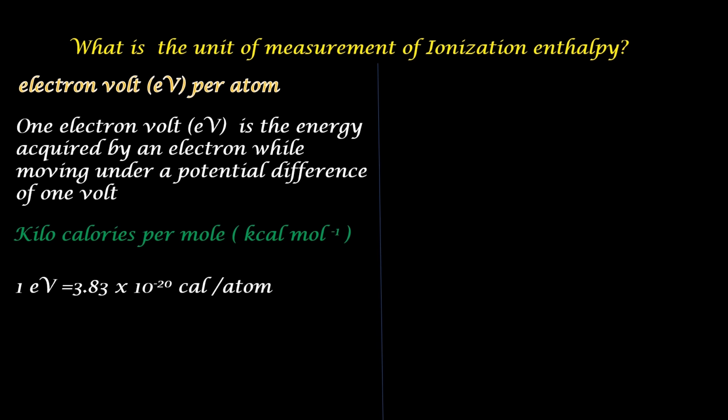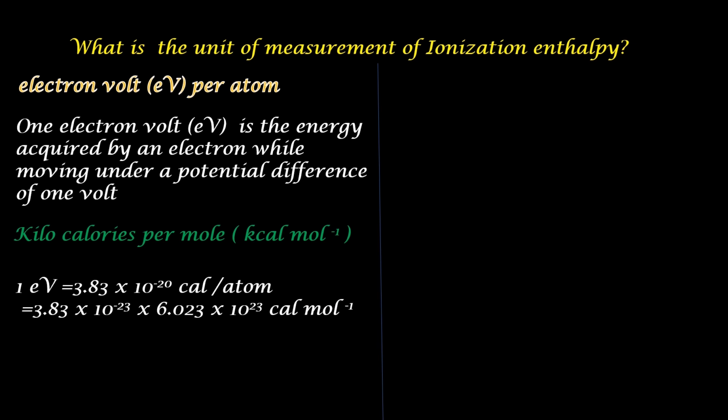6.023 into 10 raised to 23 particles make 1 mole. So, 1 electron volt is equal to 3.83 into 10 raised to minus 20 into 6.023 into 10 raised to 23 calories per mole.